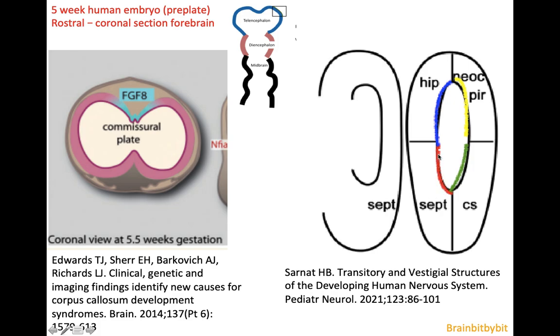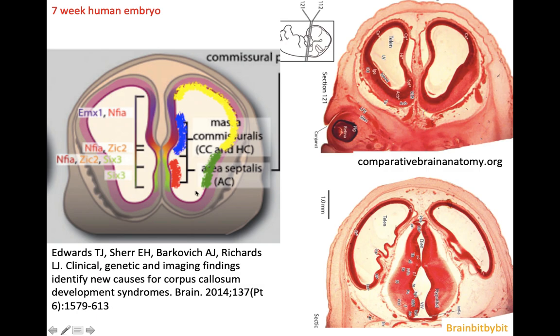And the septal nuclei are continuous with the hippocampus, or the hippocampal primordium, and the hippocampus is continuous with the piriform cortex and the neocortex. So this is a 7-week-old embryo, so the ventromedial quadrant is the septal area, and in the ventrolateral quadrant is the ganglionic eminence, and these are histological specimens, so you can see the septal nuclei here.